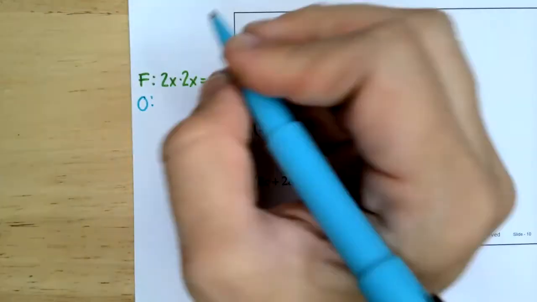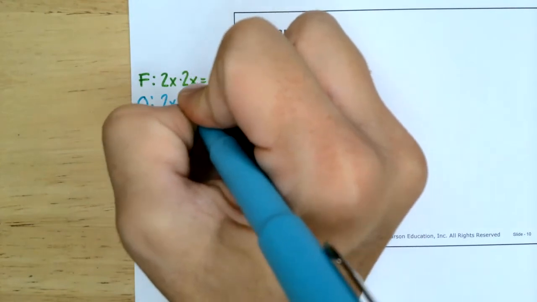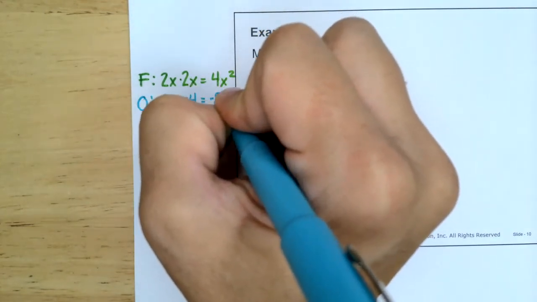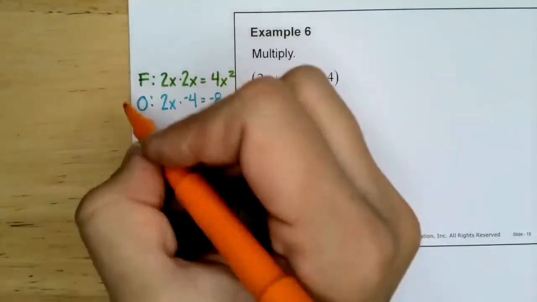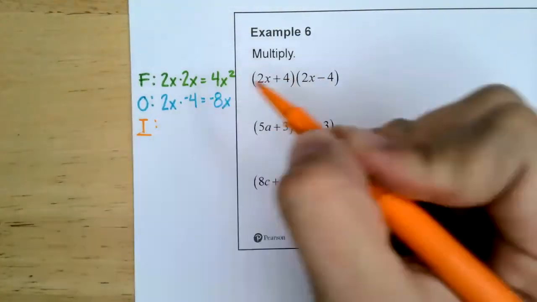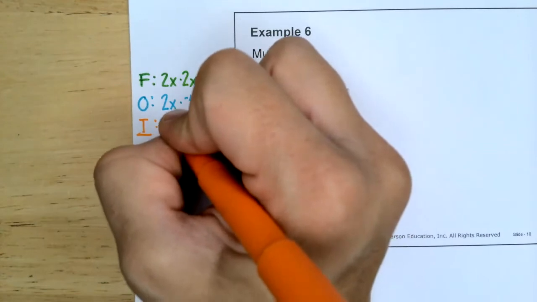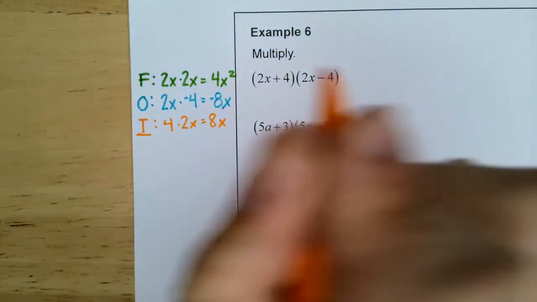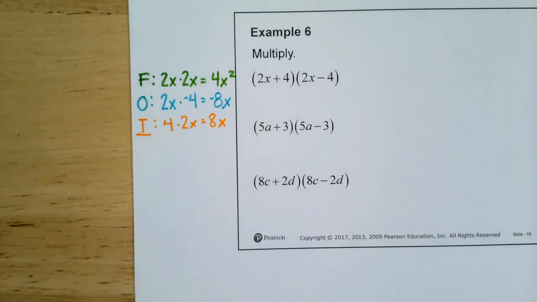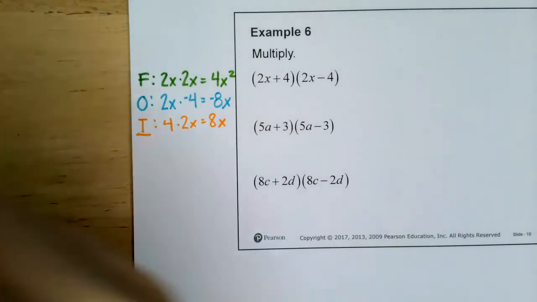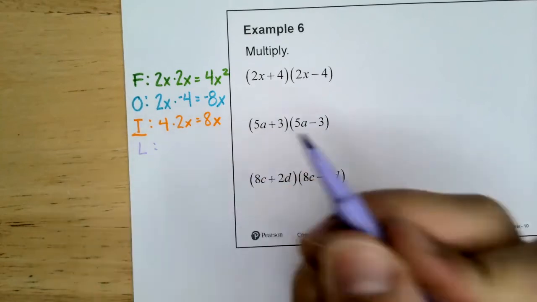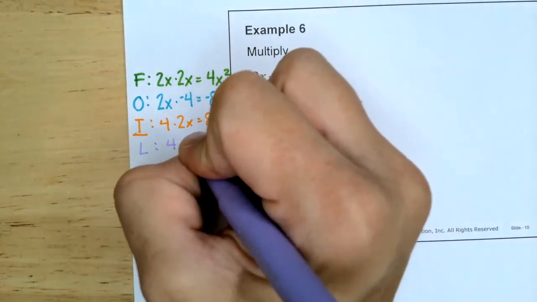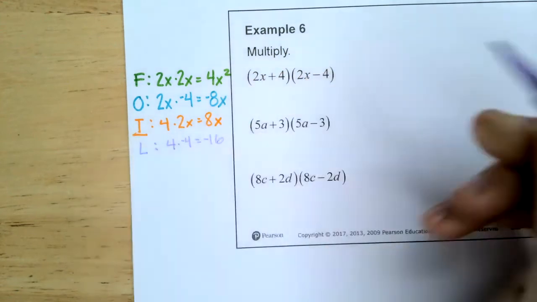Outside, 2x times negative 4 is negative 8x. Inside, 4 times 2x is 8x. And last, we have 4 times negative 4 is negative 16.